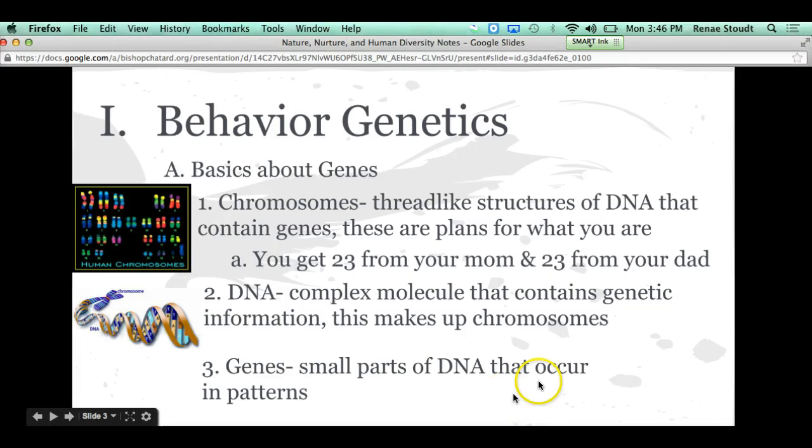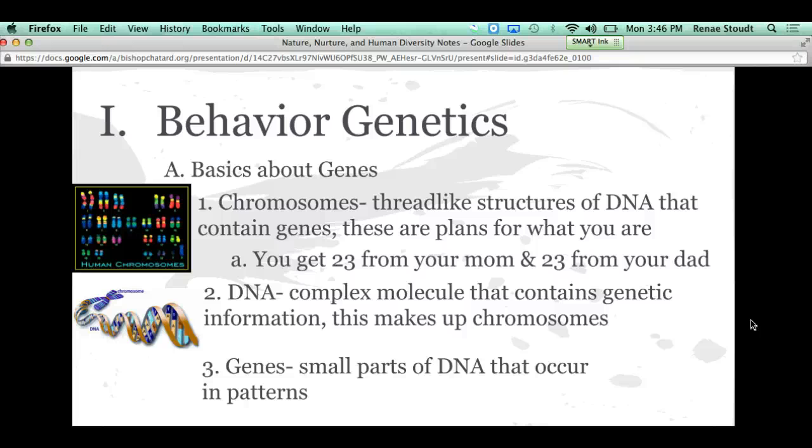Now, with DNA, we're going to talk about twins in class, and what you will find is that identical twins have the exact same DNA. If you think about the difference between identical and fraternal twins, identical twins result from the mother's egg splitting in two and forming two separate babies.